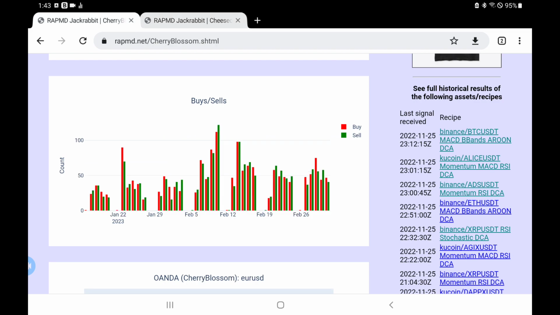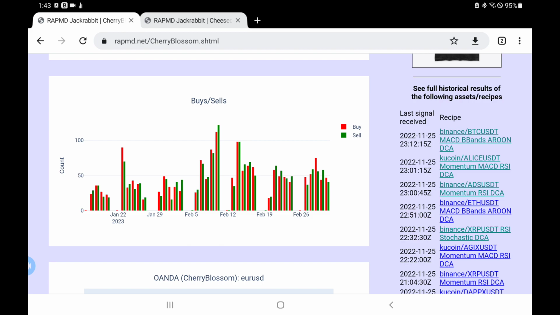For example, the numbers of buys and sells per day. You'll see that this account, the short account, is only 7 weeks old. Not very long for the amount of profits I've gotten out of it. And you can see the buys, the red count, and the sells, the green count, each day as the bot has done its job.